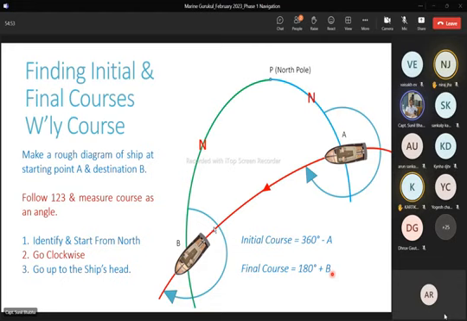The inner angle B is known to us. From the great circle track, that is from the ship's stern, up to the ship's head is 180 degrees. So again, if you follow this method, the final course comes to 180 plus B. Okay, so now you can have a good look at the diagram and you can ask me your doubts better.